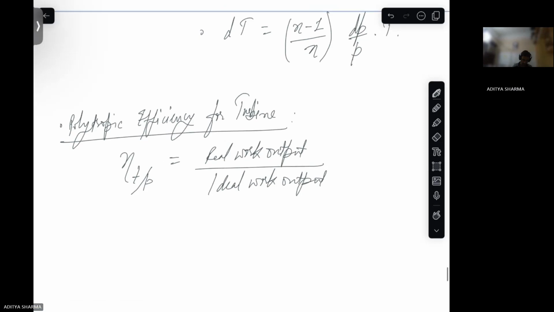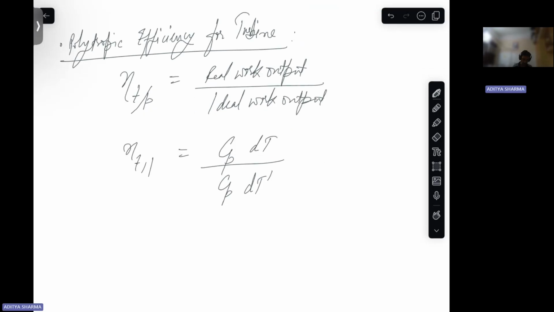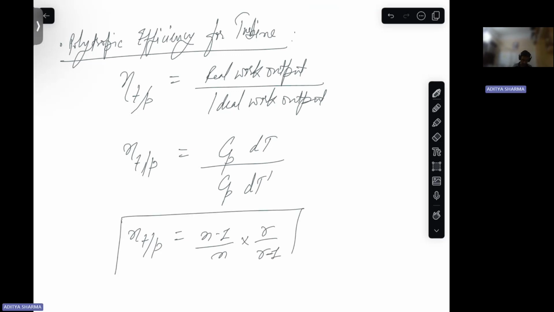So this is Cp dT by Cp dT dash. This is your polytropic efficiency for your turbine. And now placing the values of dT and dT dash, NTP becomes (n minus 1) by n into gamma by (gamma minus 1). It becomes this.